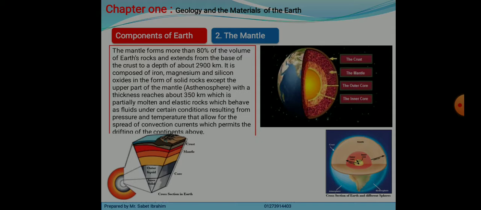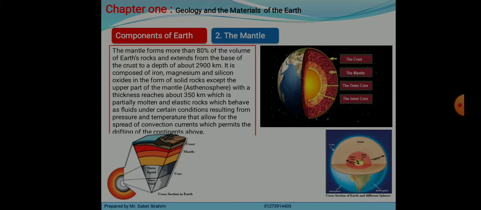It is composed of iron, magnesium, and silicon oxides in the form of solid rocks, except the upper part of the mantle, the asthenosphere, with a thickness of about 350 kilometers, which is partially molten and elastic rocks, which behave as fluids under certain conditions resulting from pressure and temperature that allow for the spread of convection currents, which permits the drifting of continents above.